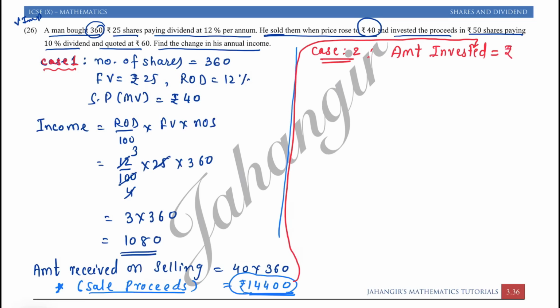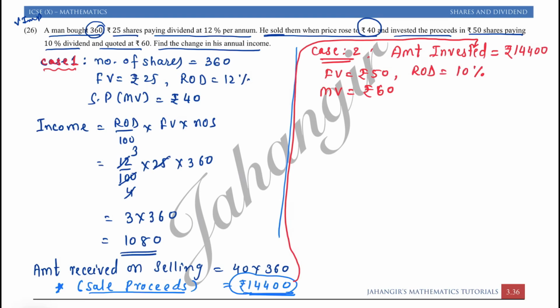That is called sale proceed. 14,400 I am investing in the second company whose face value is rupees 50, paying 10% dividend, that is, ROD is equal to 10%. Quoted means you are getting it at rupees 60, so market value is rupees 60. We have to find the change in income.